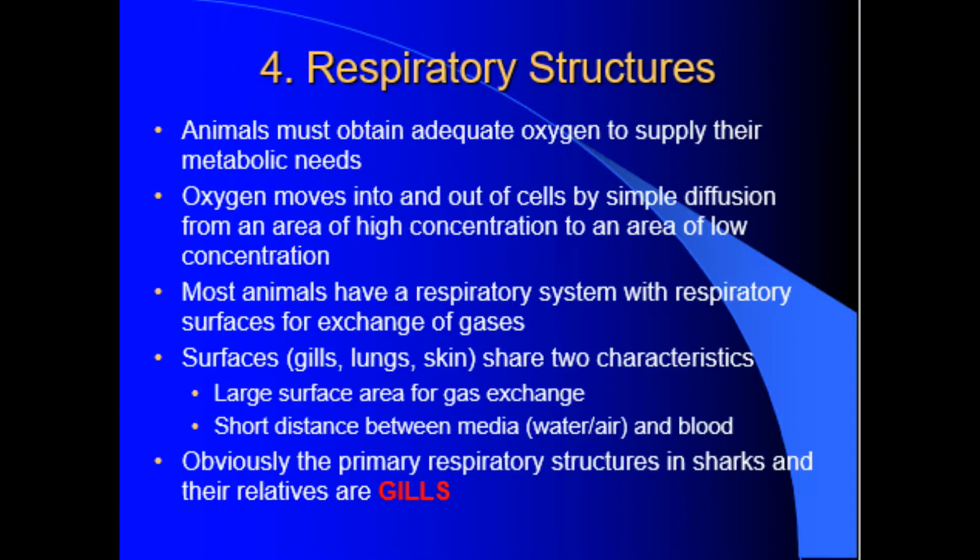Where do you want that oxygen? You want that oxygen in the blood. So you transport a large volume of blood to those respiratory surfaces, and then you've got oxygen and water that's just 2 cells away from the blood. So there's a big surface area and there's a short distance for diffusion.